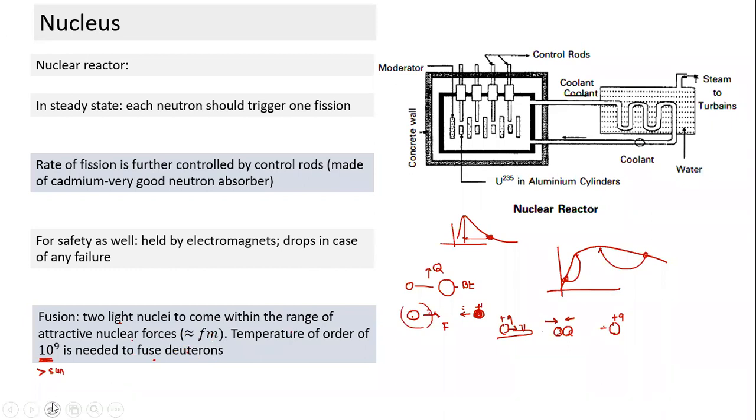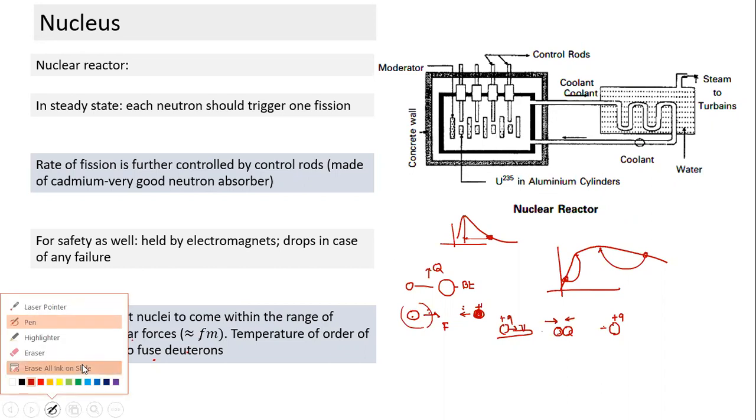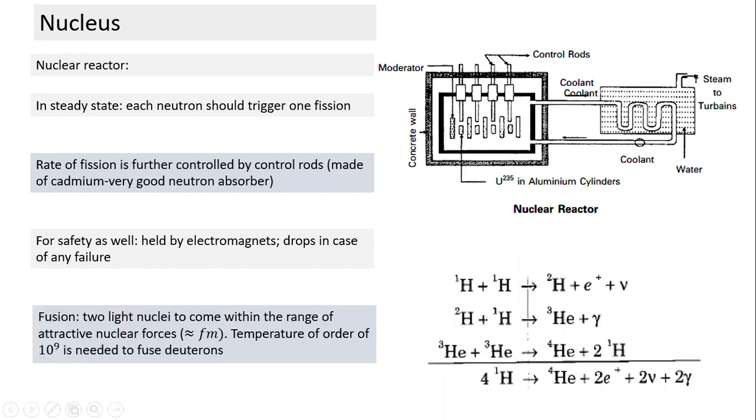This is what happens in the sun and other stars. This is the kind of reaction taking place in the sun. Hydrogen nuclei combine to form deuterium, which combines further and forms tritium, and then they combine to form helium.